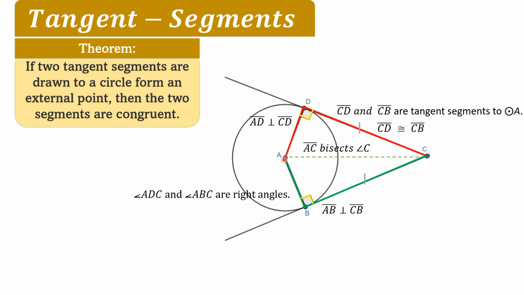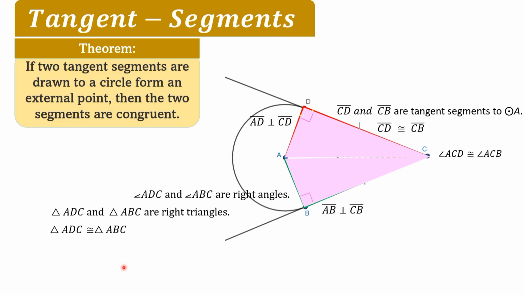If a segment is drawn from A to point C, segment AC bisects angle C. Bisects means divide into two equal parts. Therefore, angle ACB is congruent to angle ACD.